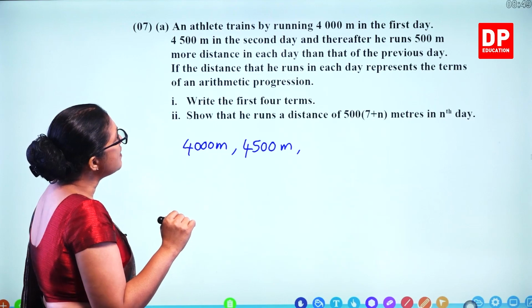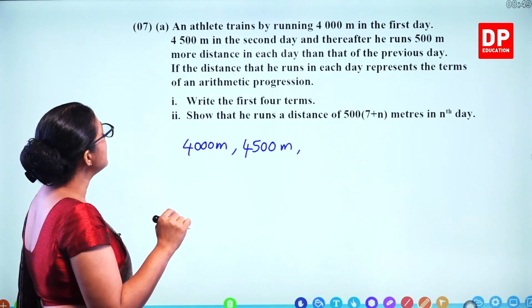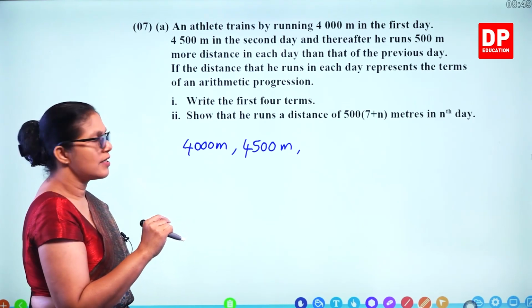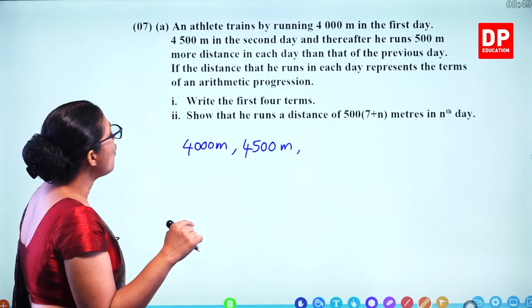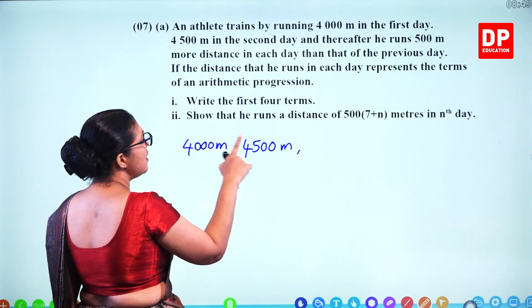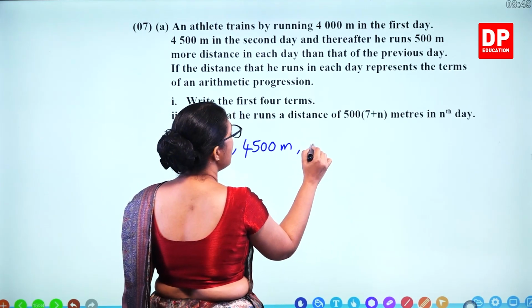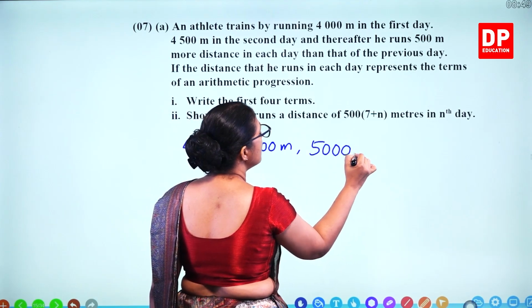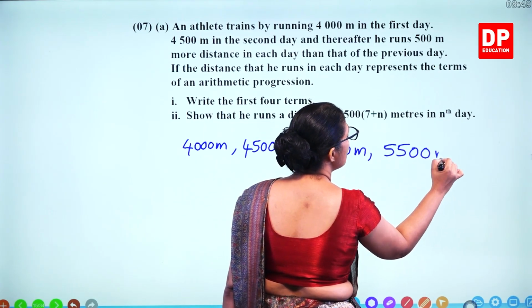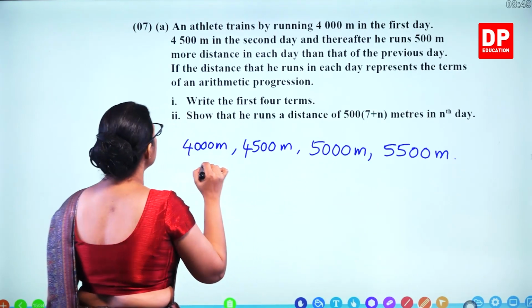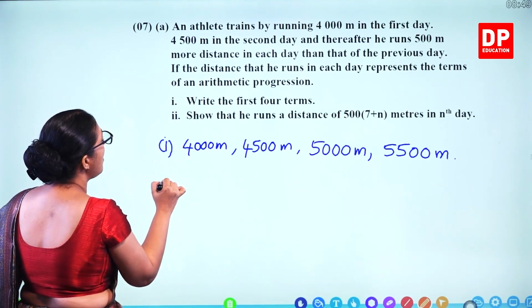If the distance he runs each day represents the terms of an arithmetic progression, because of the same difference, write the first 4 terms. So 4,000, 4,500, then 5,000 and 5,500, adding 500 each time. So that's the first part.